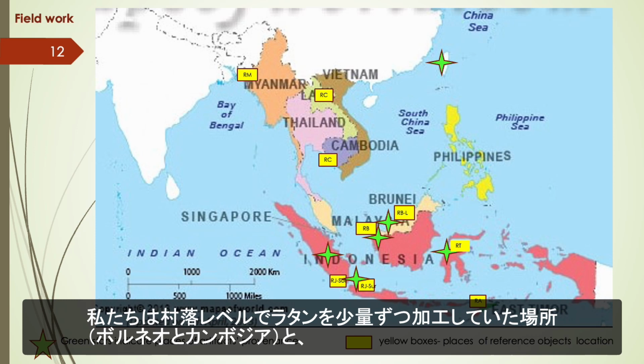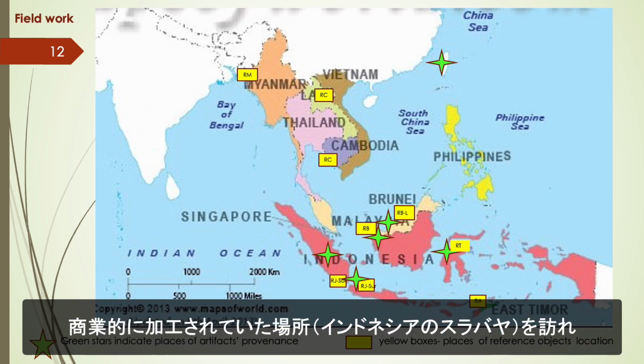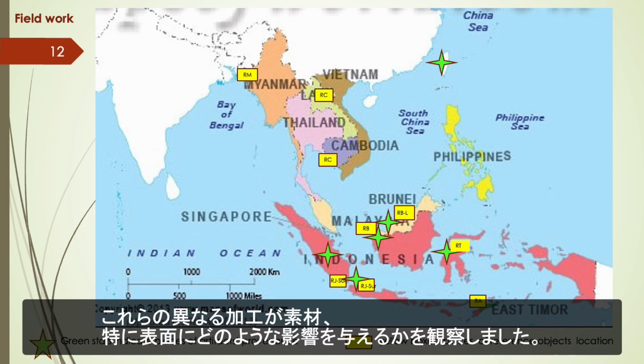We will visit places where rattan was processed on a village level, on Borneo and in Cambodia, in small batches, and also another place where rattan was processed commercially, in Surabaya, Indonesia, to observe how different processes applied to rattan, and especially to the surface, had an impact on the quality of the material.